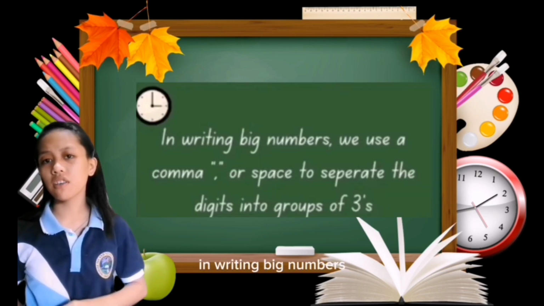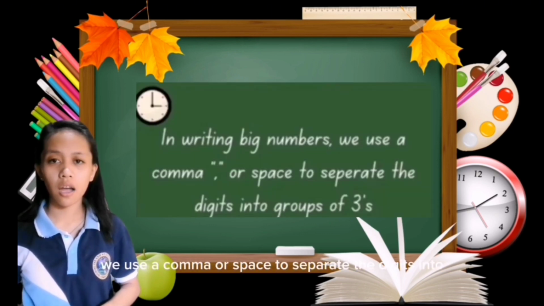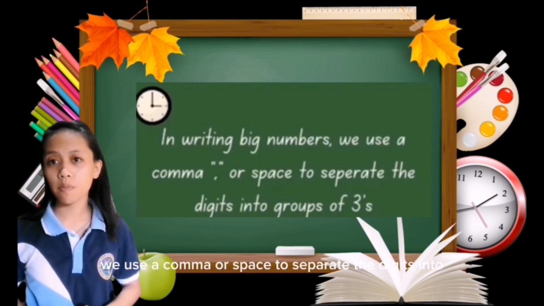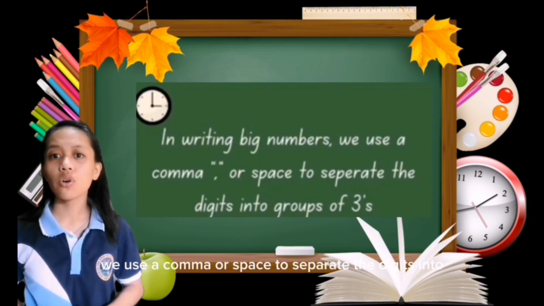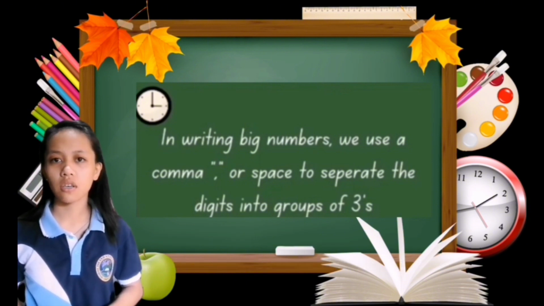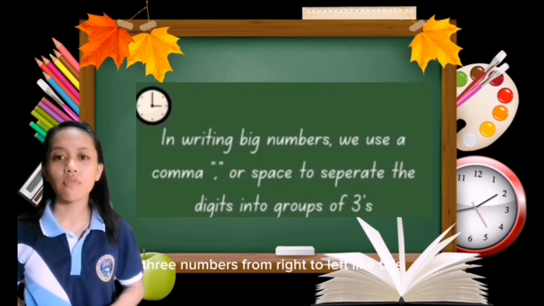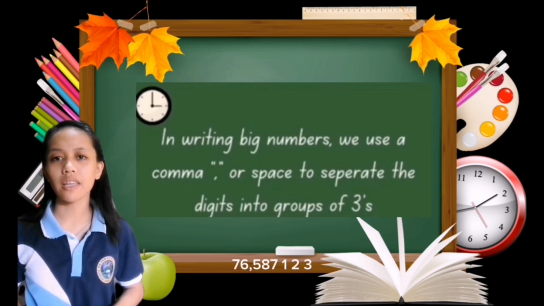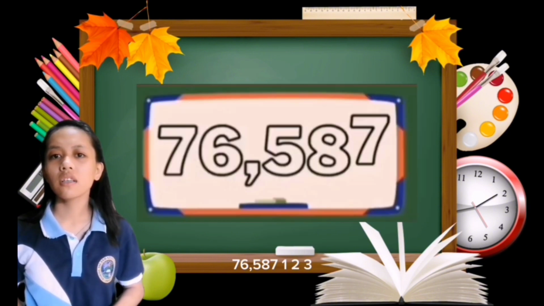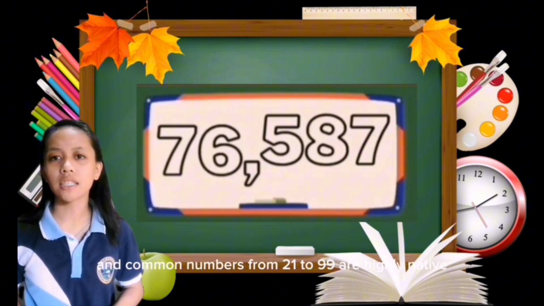In writing big numbers, we use a comma or space to separate the digits into groups of 3s. We can do this by counting 3 numbers from right to left like this: 76,587. 1, 2, 3, and comma.